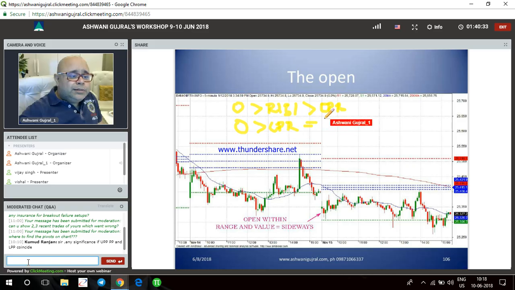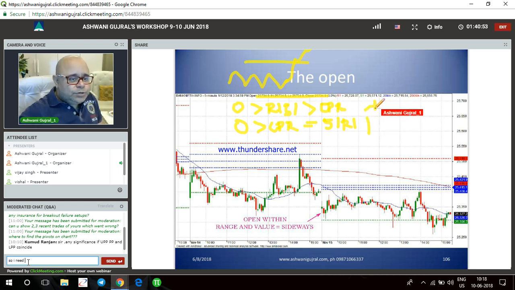equal to S1 R1. By equal to I mean within. Okay. So on this day we start range bound and then we wait for S1 R1 to get taken out to get a trend. This is medium opportunity.